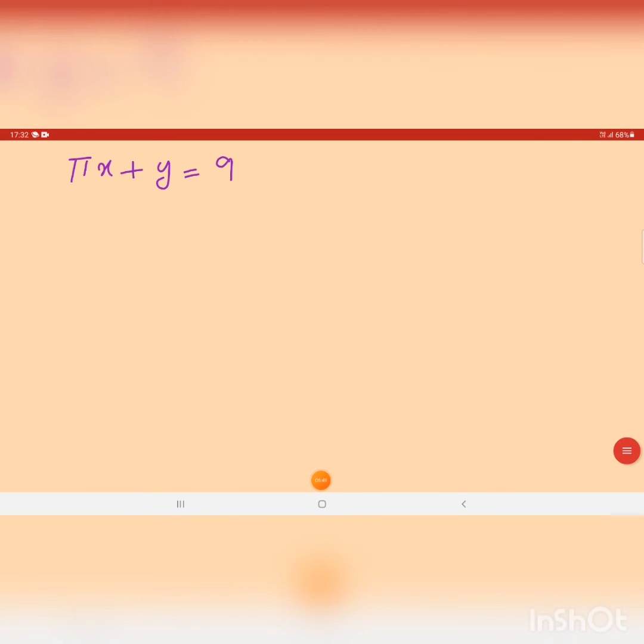Second question, pi x plus y equal to 9. Put x equal to 0, then y is equal to 9. Put x equal to 1, so pi into 1 plus y is equal to 9, so y is equal to 9 minus pi.